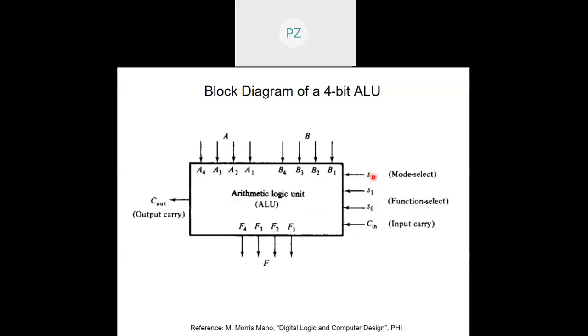With S2 low, I will have functions from the arithmetic set. With S2 high, I'll have functions from the logic set. And Cin will become important when I talk about arithmetic functions, and don't care when I talk about logic functions. So this is pretty much the block diagram of a 4-bit ALU.